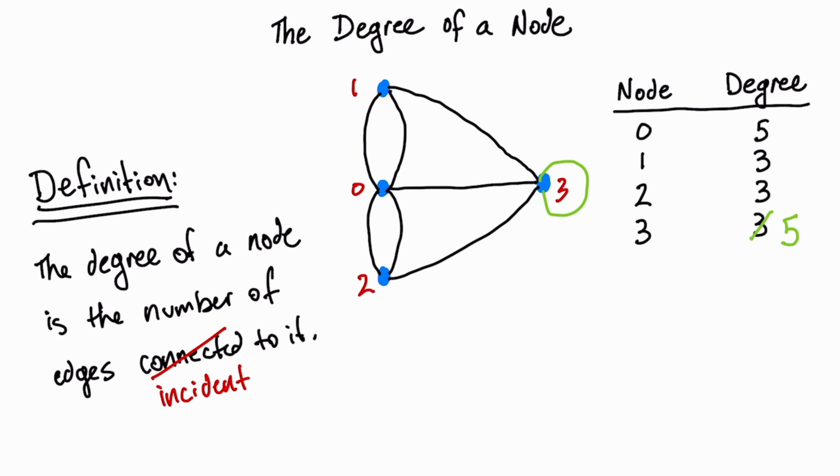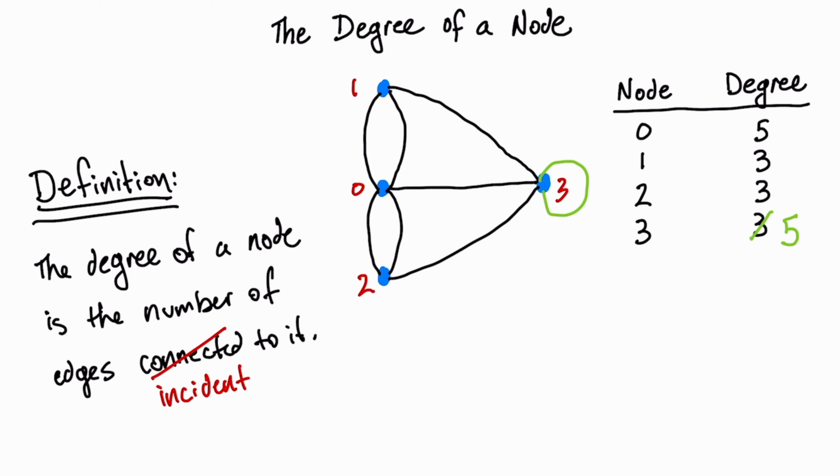Why is that? Well, remember how Euler discovered that the sum of the number of bridges connected to each landmass is always an even number. If we have loops in our graph, and we say they only add 1 to the degree, then that statement's no longer true. You can see that for yourself here. If we say that node 3 has degree 4, then the total sum of the degrees of all the nodes ends up being 15, which is not an even number.